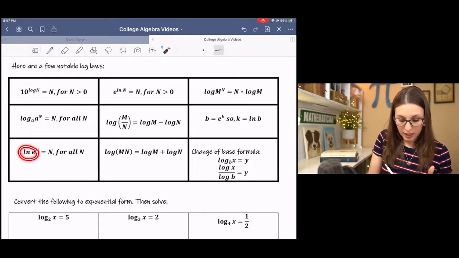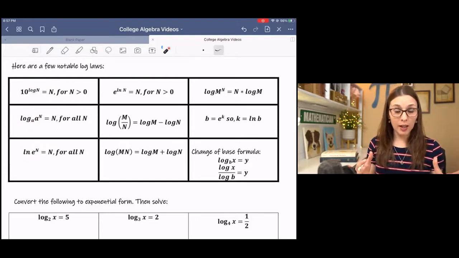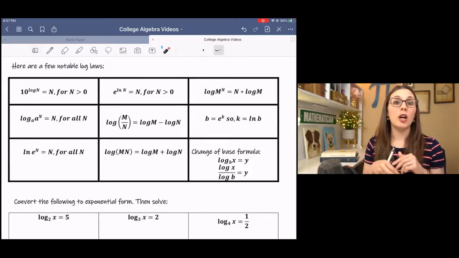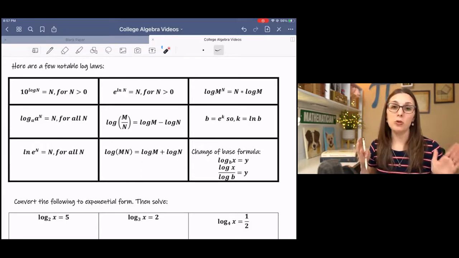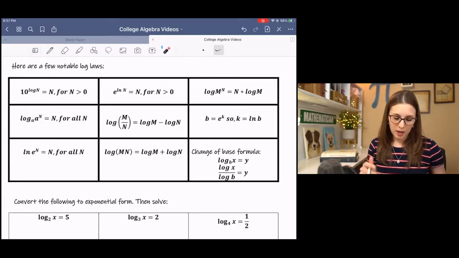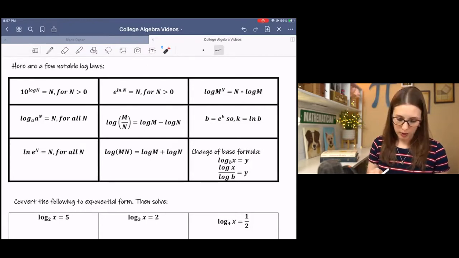Natural log of e to the n, natural log is base e, so those simplify and the n comes down. You might hear the word cancel. We don't like to use the word cancel. That's like a bad word in mathematics, but if you say it, I will understand what you mean. And then we have our other properties that we should be familiar with at this point.